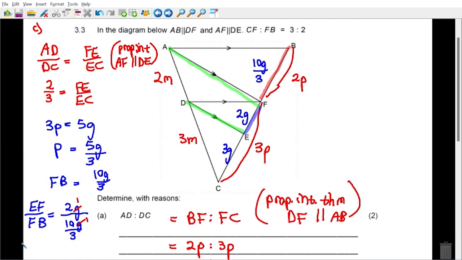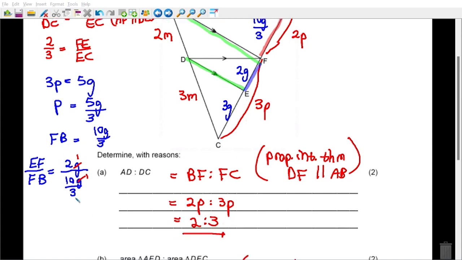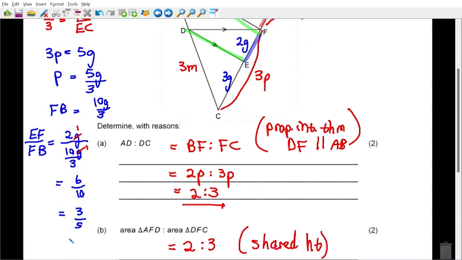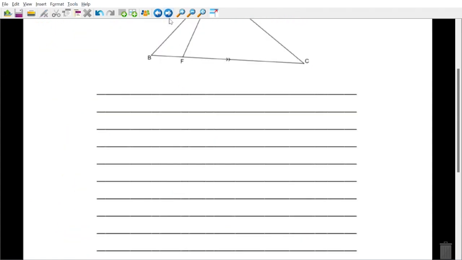We get 2 over 10 over 3. Now 2 divided by 10 over 3 is the same as 2 times 3 over 10. It's 6 over 10. And 6 over 10 can simplify even further to 3 as to 5. Okay. Fairly tricky. I know people don't find this stuff all that easy.